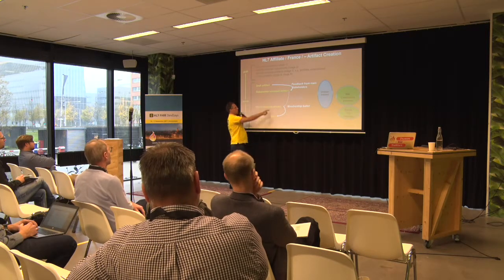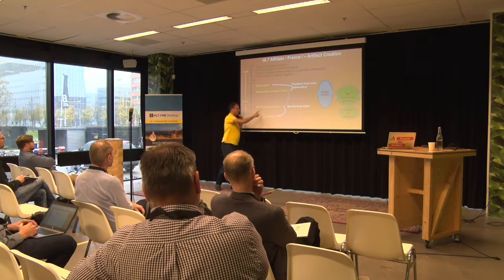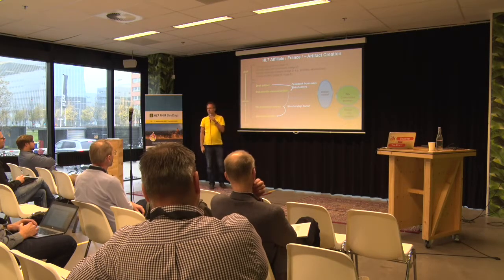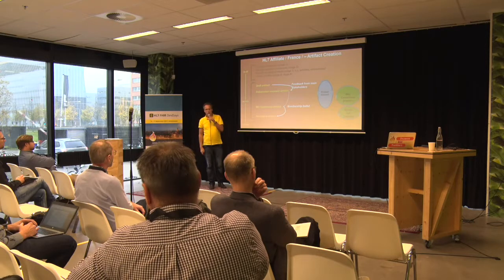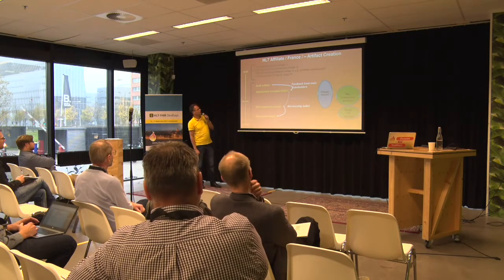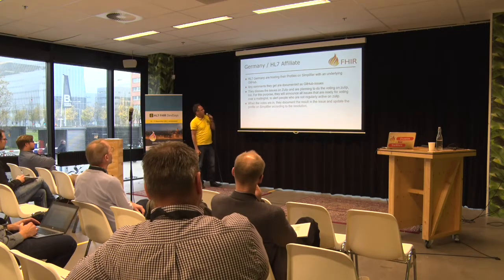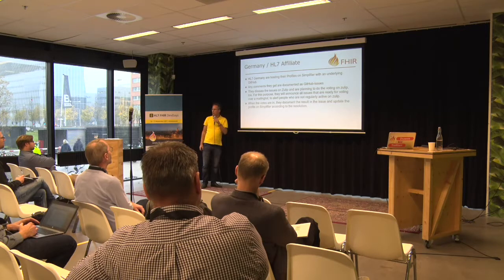Then it goes to the working group, and the working group does its internal stuff, and then you have a full membership ballot, wide-ranging, and then they have a normative artifact. So it looks relatively similar to what we saw in the HL7 model, just this is a different maturity model.